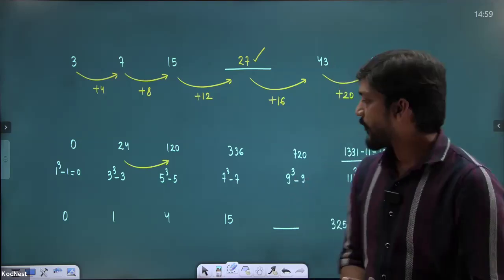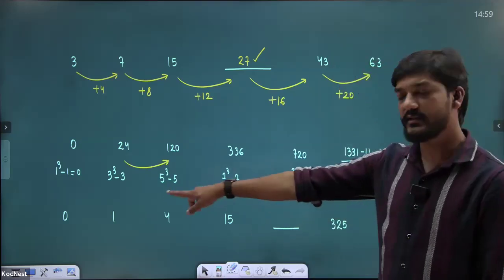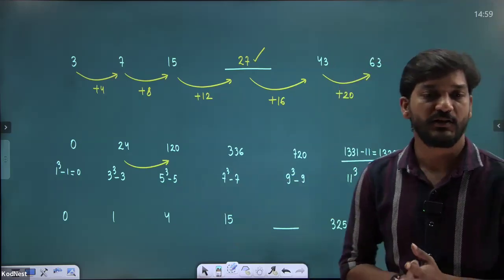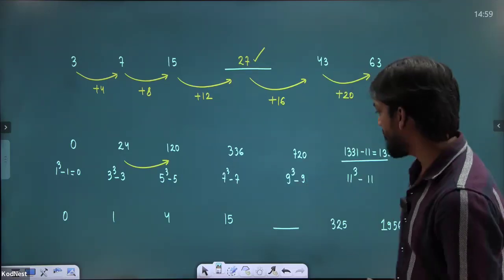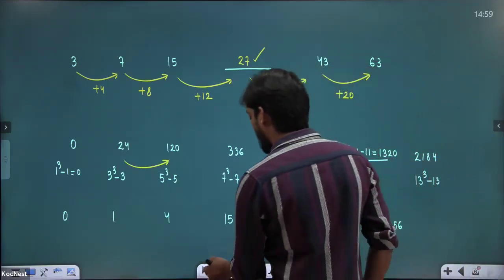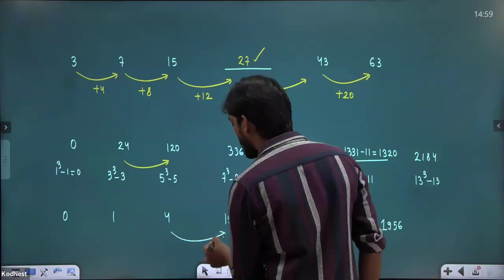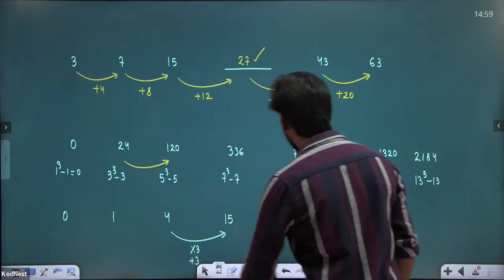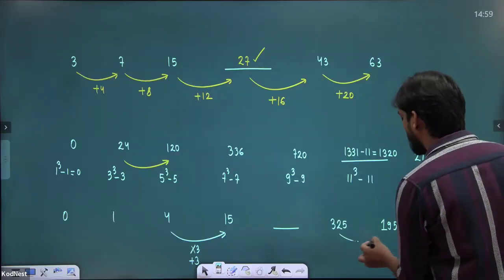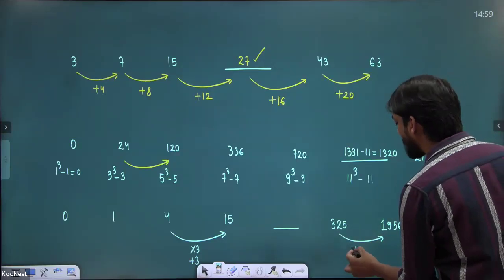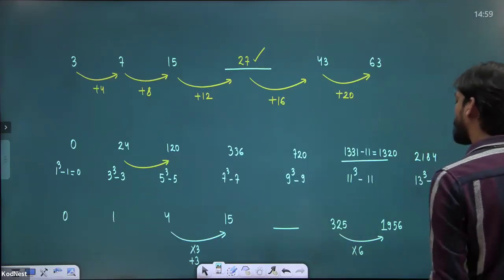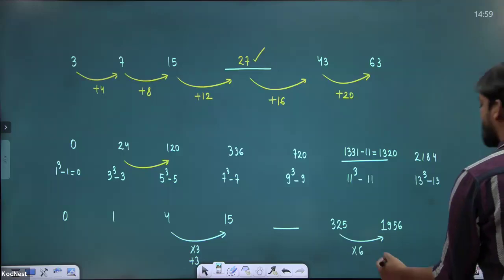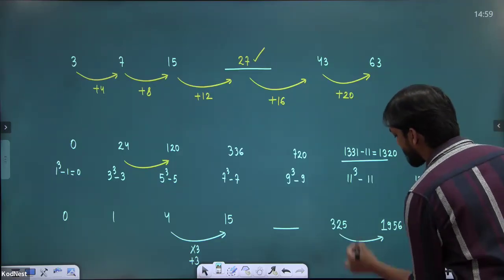All right. Now next one. Start with 4, not 0, not 1. If you start with 4, how the things will work out, please carefully observe. So you will say, sir, 4 into 3, 12 and plus 3, 15. Here you will say, sir, 325 multiplied with 6 will give you 1950 plus 6, 1956.